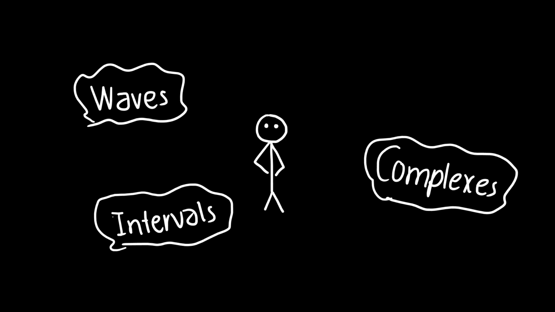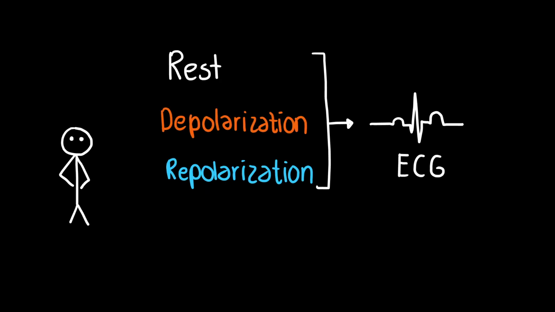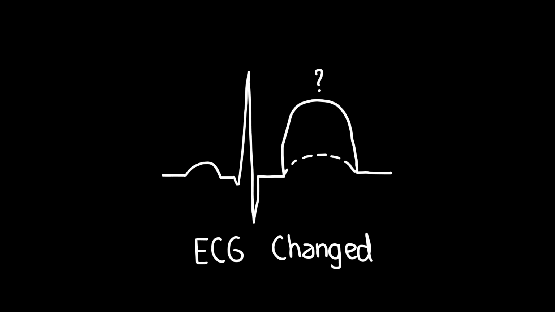I haven't said a single word about waves, intervals, or complexes in the ECG, but everything we've discussed, rest, repolarization, depolarization, conduction, ion balance, that is what produces them. Every mark on an ECG is just the surface expression of what we've been talking about. So when something disrupts the cellular level, a drug, an electrolyte, a disease, the ECG changes.